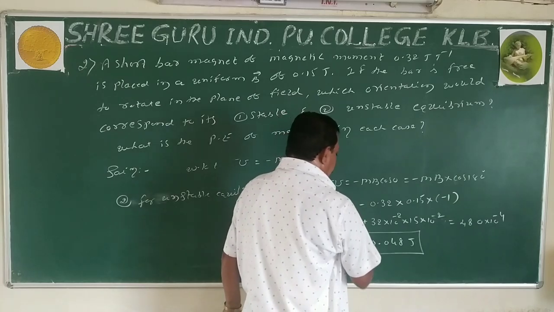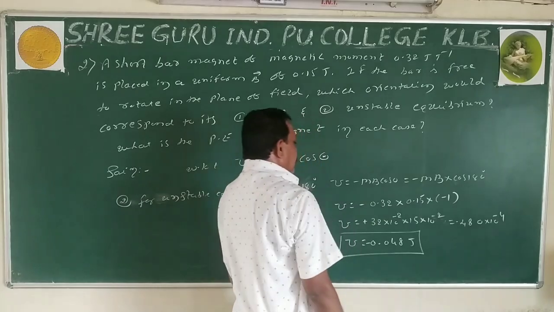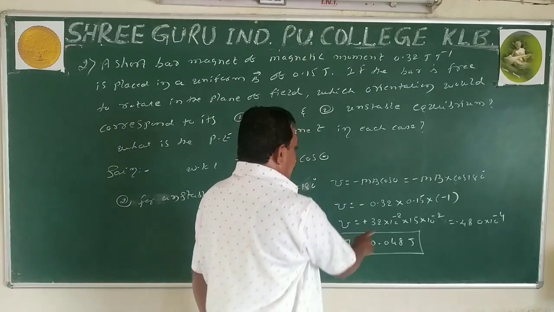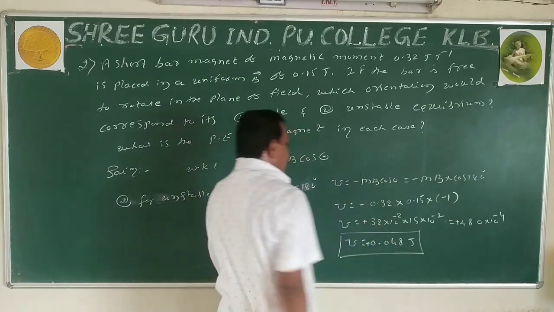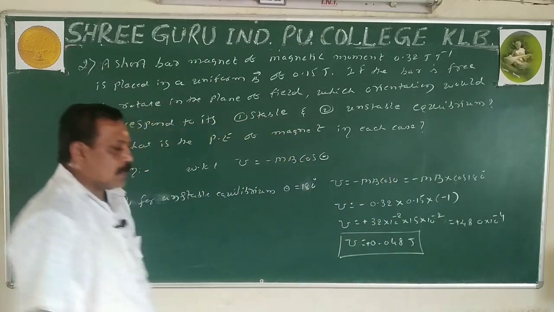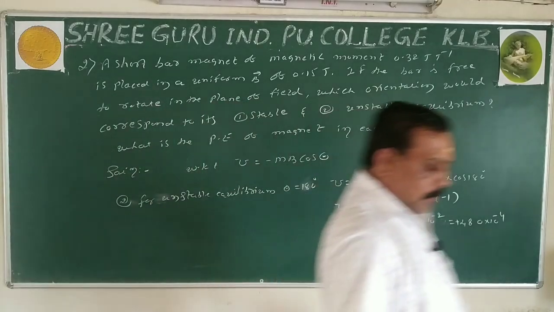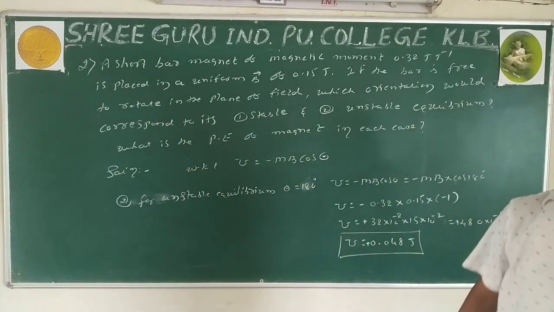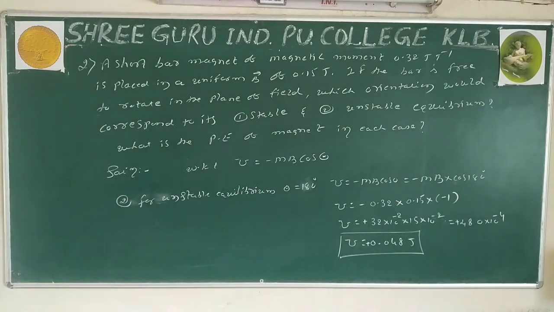It was negative. So the first answer was negative. Right? Now it has become positive. The first answer is minus 0.048. The second answer is 0.048, positive. For stable equilibrium, the value is minus 0.048 joules.